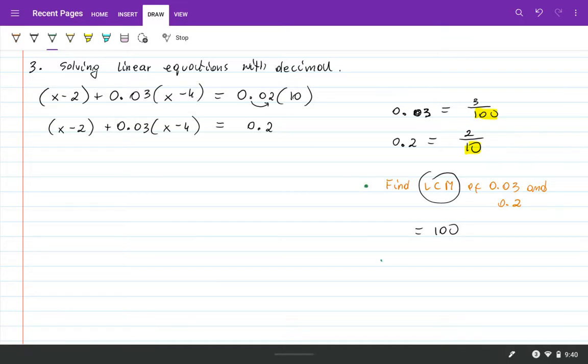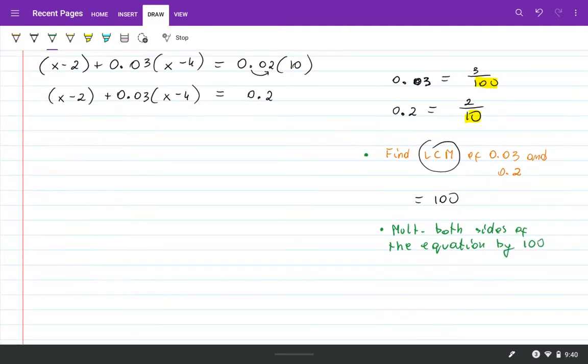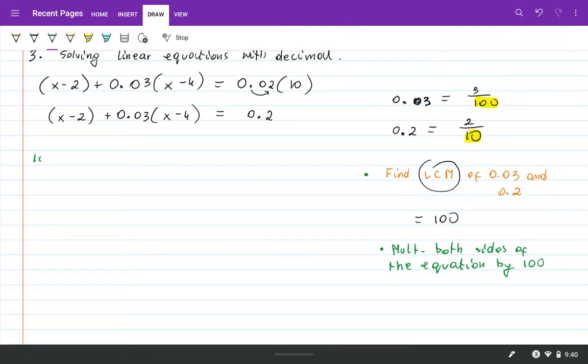So to not have decimals, I'm going to multiply both sides of the equation by 100, because this is my lowest common multiple. So we have 100 times the left side of the equation, which is x minus 2 plus 0.03 times x minus 4, equal 100 times the right side of the equation, which is 0.2.